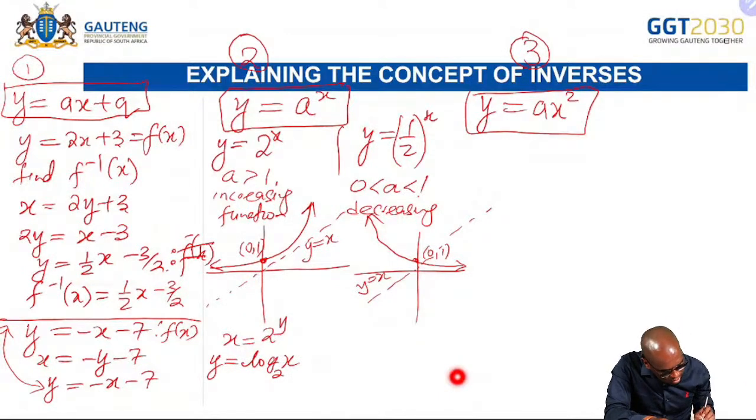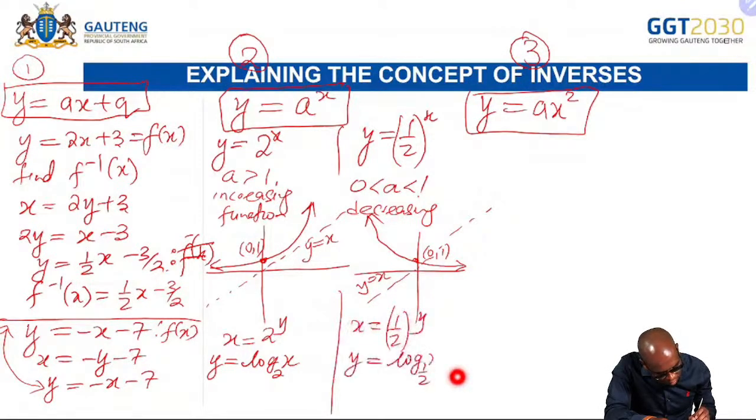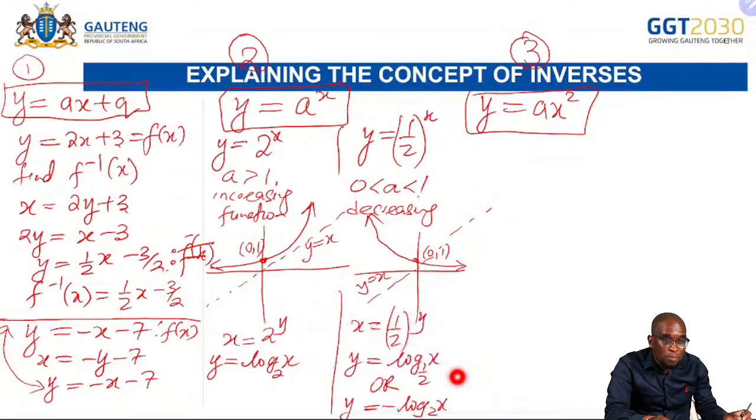In order to write the next one here, obviously we interchange. x would be half to the y, so y would be equal to the log to the base half of x. Remember, this can also be written as y is equal to minus the log of x to the base of 2.